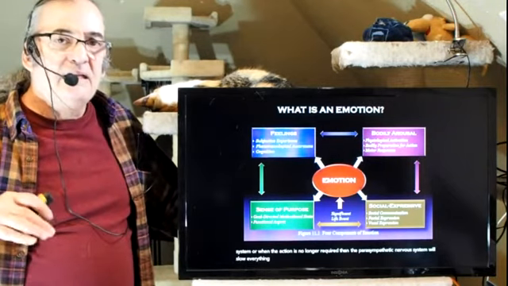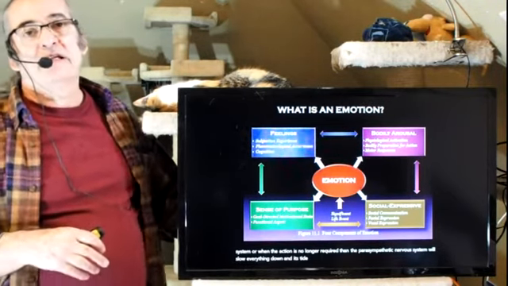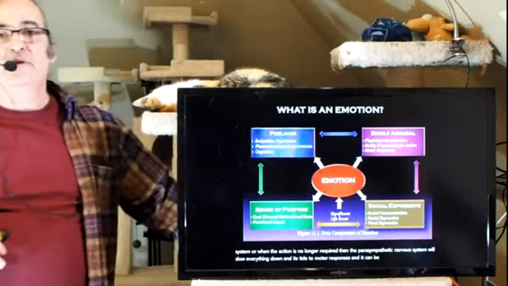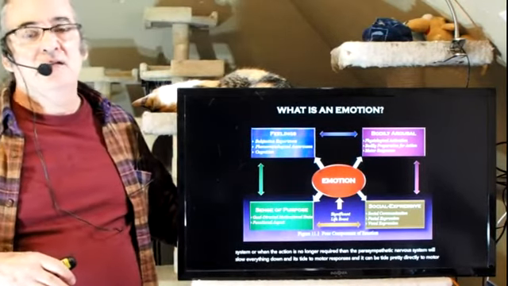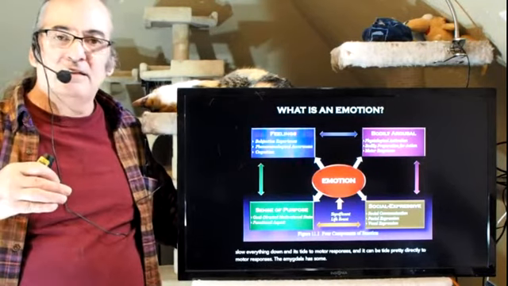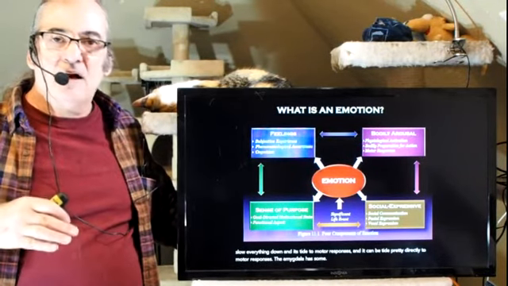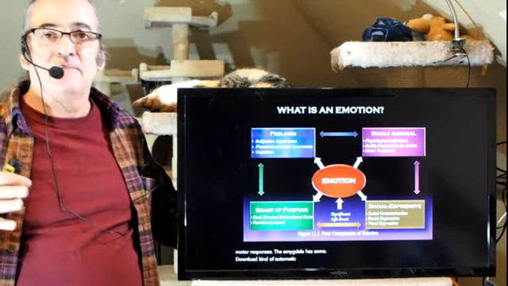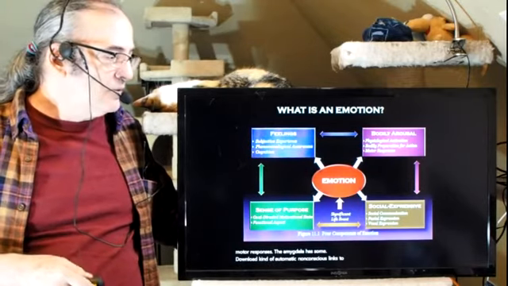And it's tied thus to motor responses, and it can be tied pretty directly to motor responses. The amygdala has some down low, kind of automatic, non-conscious links to many aspects, including the motor cortex.